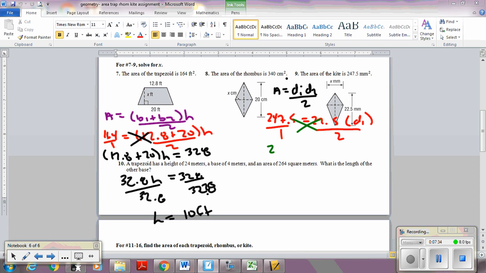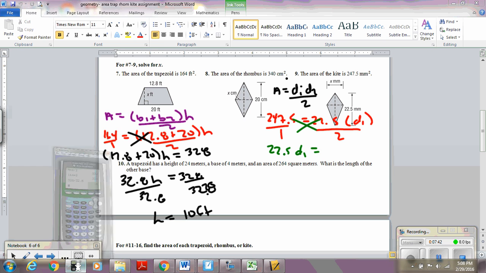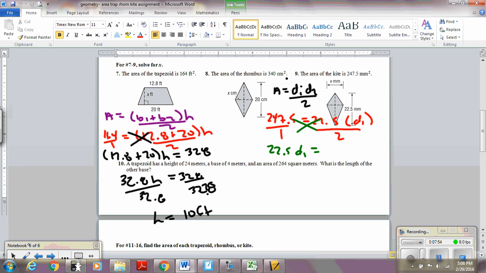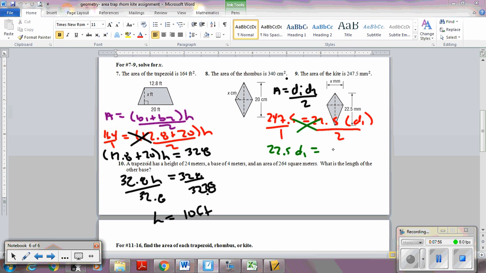which would give you 22.5 times d1 is equal to 247.5 times 2, 495. And divide both sides by 22.5.